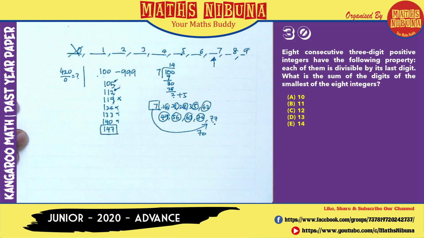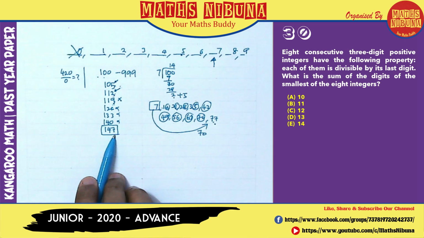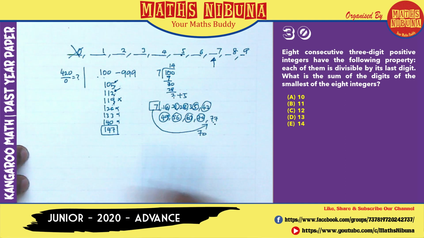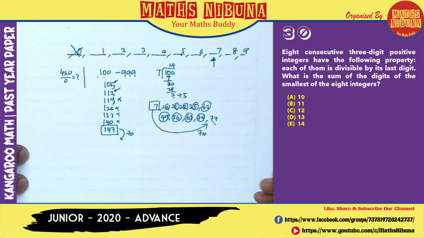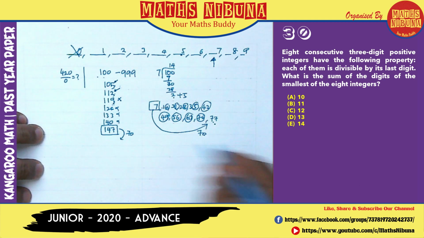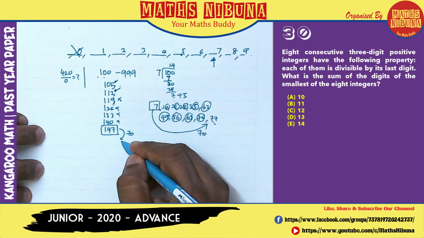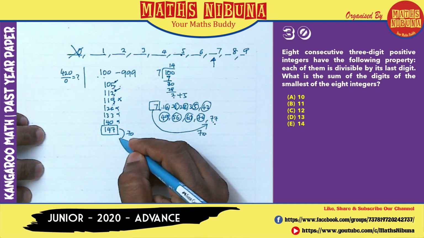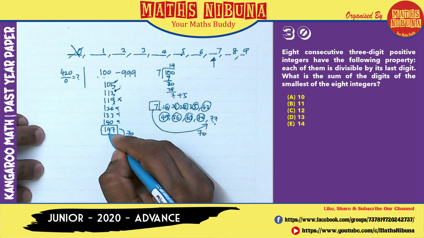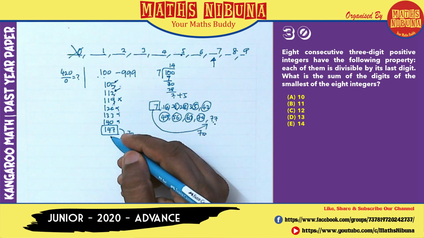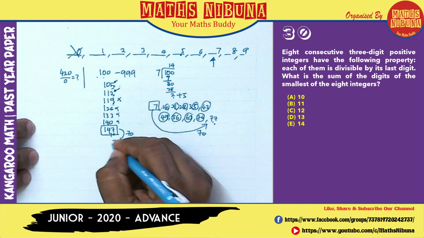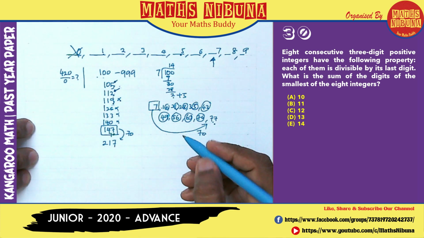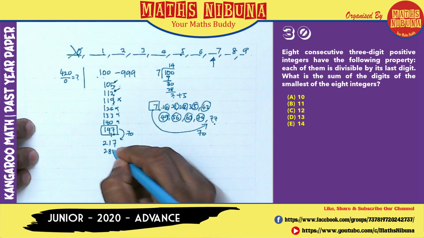This is the first 3-digit number with last digit 7 that can be divided by 7. The next one, as I told you, is 70 more. So 147 plus 70 is 217, then plus 70 again, 287.